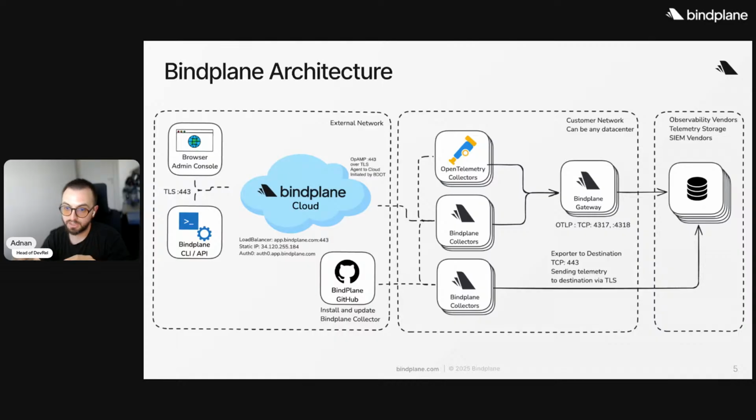So even if you take Bindplane out of the equation, your collectors will still continue to work and send telemetry from the source to your destination just fine. Bindplane is just a control plane to make your life easier and make it so much simpler to both manage, update, push configs, and basically do everything you want to do with your collectors in a more efficient way.